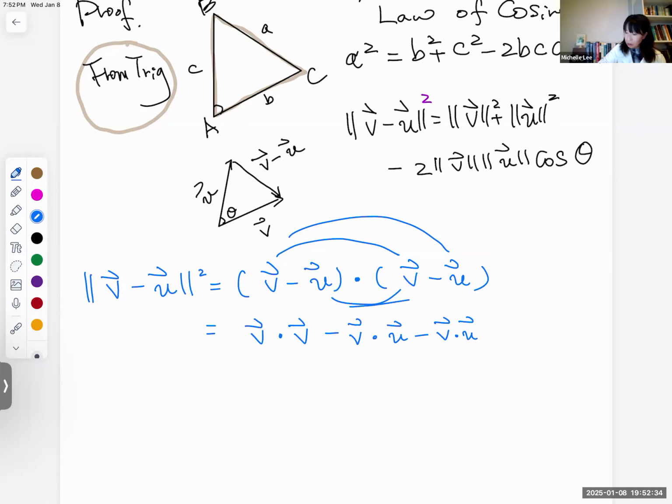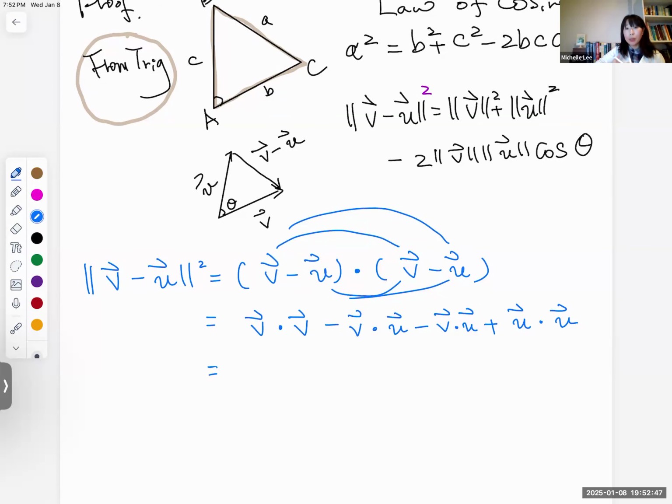The last one, we can express as positive u dot u, right? All right. So I just want to say that we did that earlier: v dot v is the magnitude of v squared, right? This is the same concept. That's why we got this one, right?